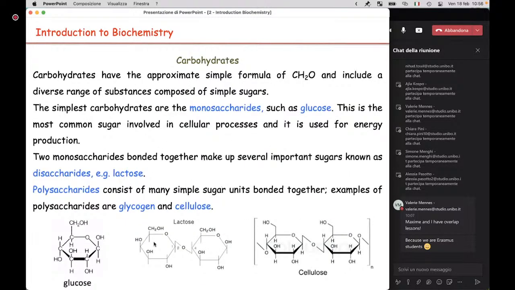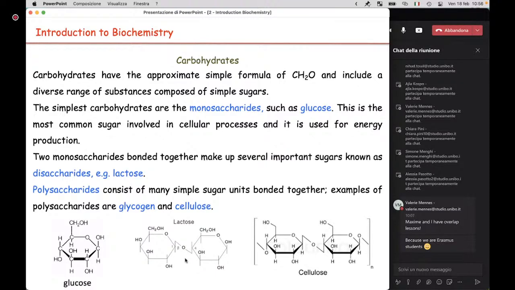There's not much to say about sugars, apart from the fact that they are basically our most important source of energy. They are used by mitochondria, as we have seen before, to release energy that can be used by the cell.